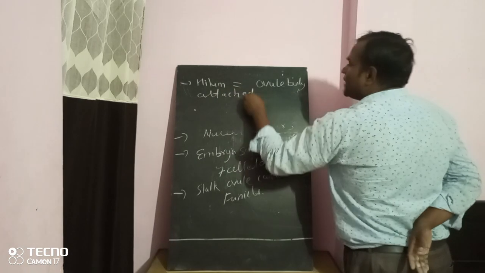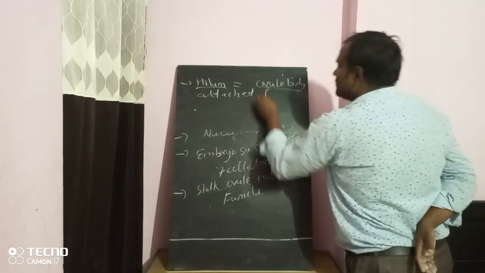Clear? The hilum is the attachment point at which the ovule body is attached with the funicle.